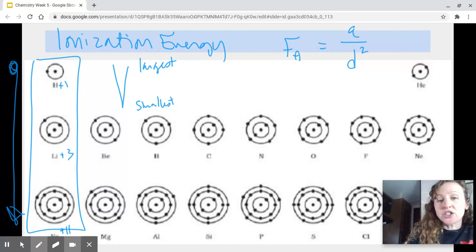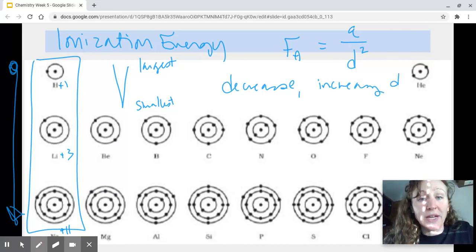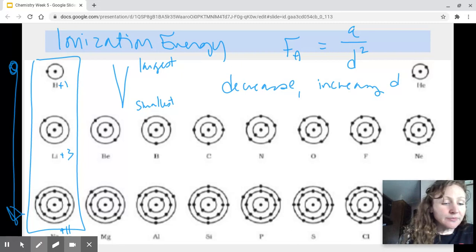So ionization energy is going to decrease top to bottom because of an increasing atomic radius. Okay, so those are your 2 periodic trends for ionization energy.